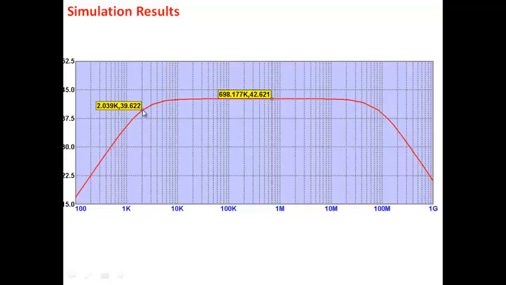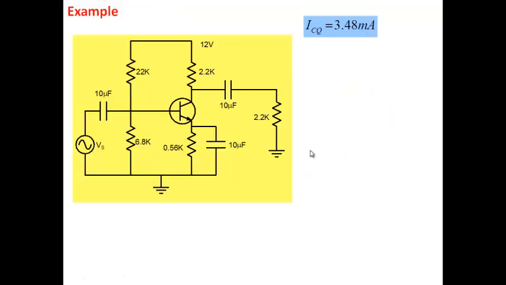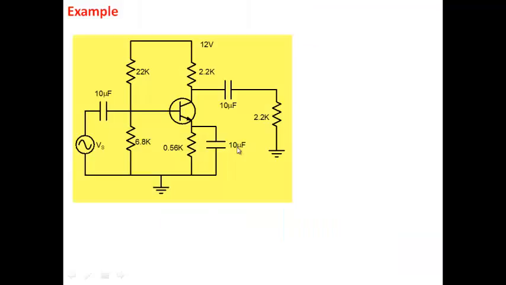How do I make FL as low as possible? You saw that all the frequencies are 1 over 2 pi times a capacitor value and some resistor. So the larger the value of capacitor that you use, the smaller the F it gets. But what is the problem with a large capacitor? Why am I using 10 microfarad? Why don't I use 1 farad?